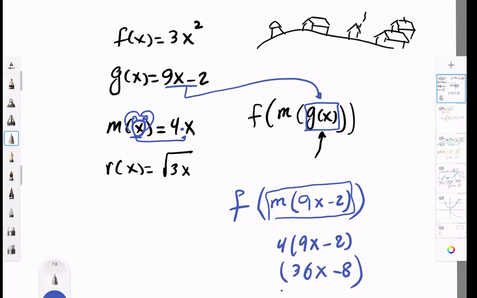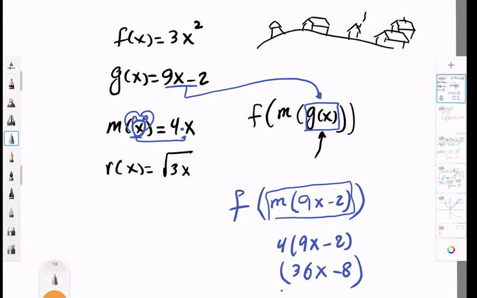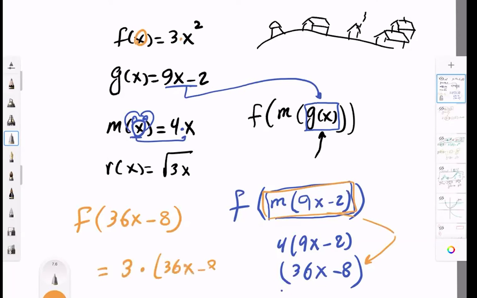So this will be answer of m. So m, it will be this one. Now what is f of 36x minus 8? F of x is 3 times x squared. So this will be 3 multiplied by 36x minus 8 squared. You leave it like this.